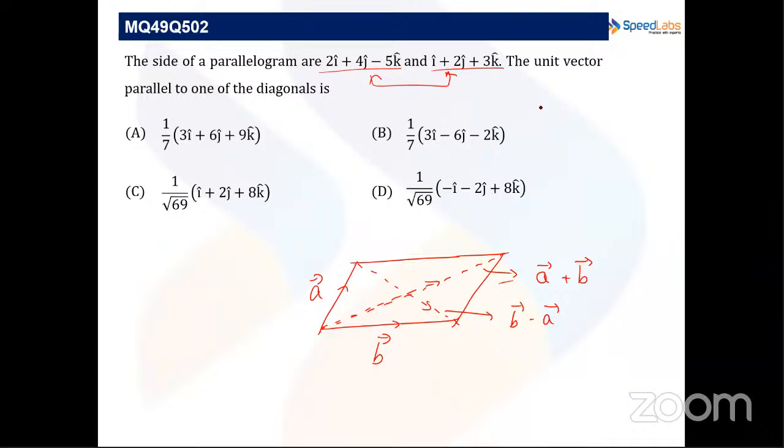It will be A plus B, which is 3i cap plus 6j cap minus 2k cap.